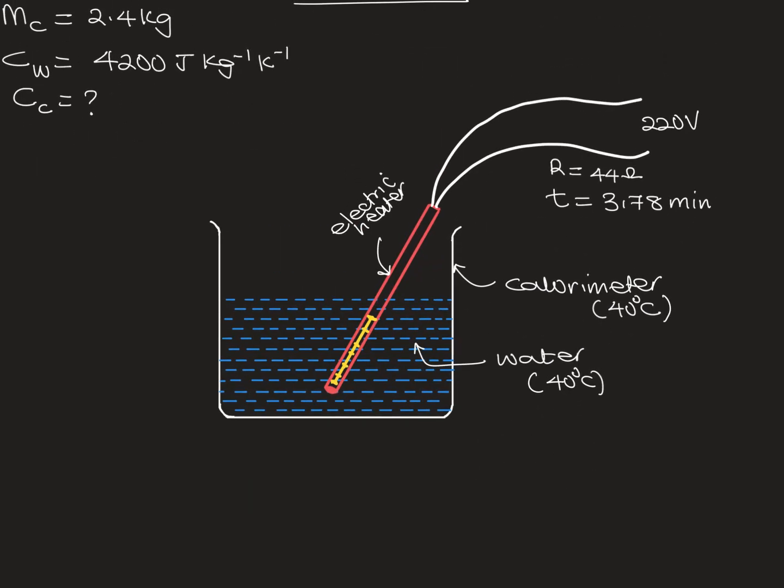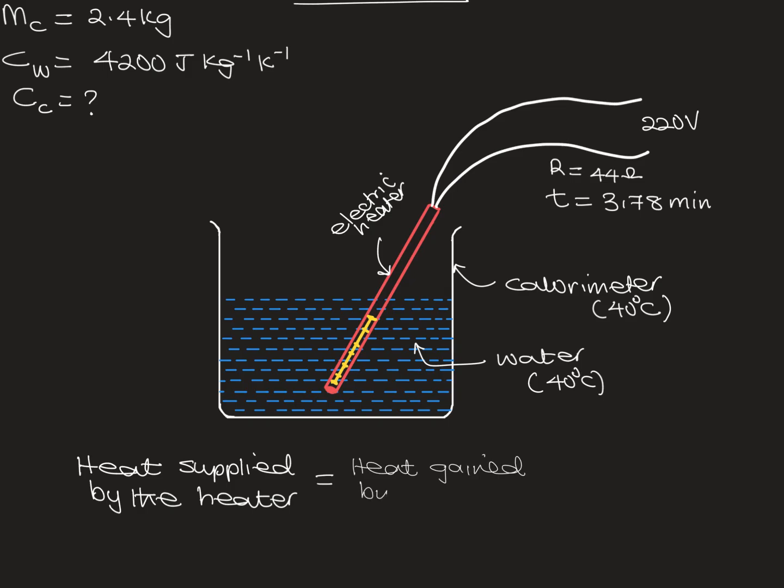To establish the equation for this problem, we will say the heat supplied by the heater is equal to the heat gained by the calorimeter plus the heat gained by the water.